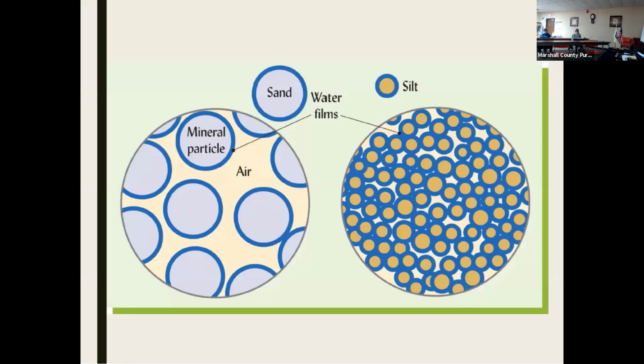This is just showing you the difference between just the tightness of your soil when you have sand versus silt. The blue ring around it is water adhering to the soil particle. But you can see that in a sand soil, you're going to have more pore space between the particles as compared to, in this case, the smallest particle, which is silt. So the silt is going to reduce your ability for water to infiltrate and move through your soil profile.